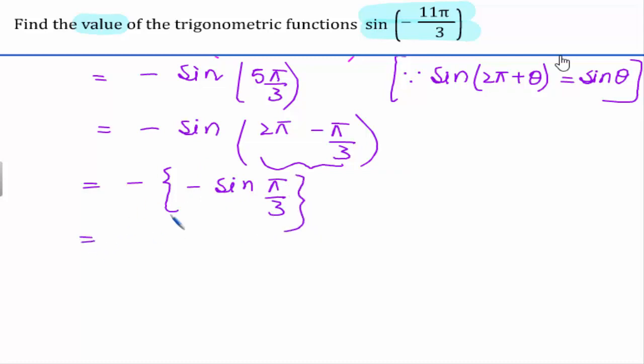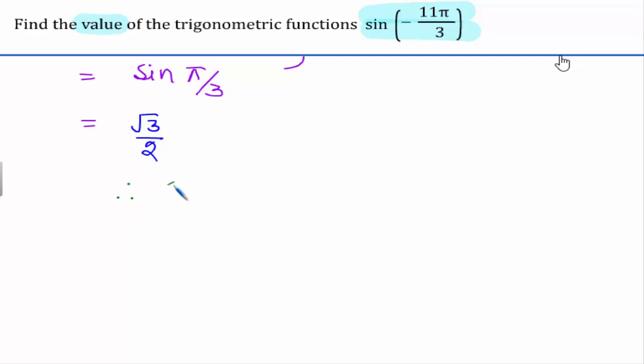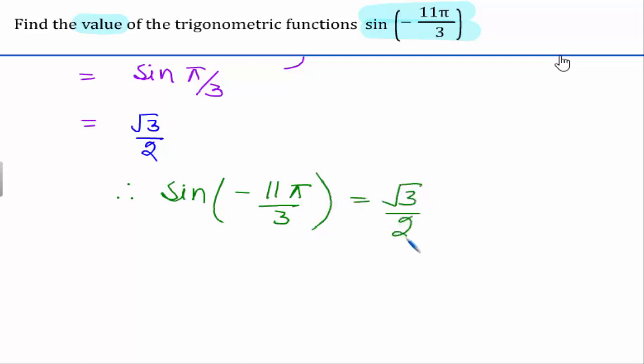So minus minus is plus, we have sine pi by 3, and the value of sine 60 degrees is square root 3 upon 2. Therefore, the value of sine minus 11 pi upon 3 is equal to root 3 upon 2. This completes the solution.